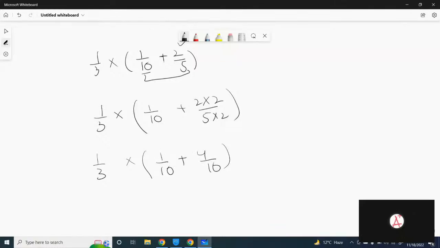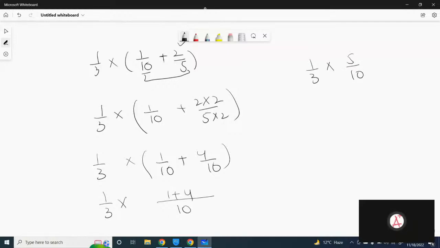Got it? We have already done so many practice questions with adding fractions with unlike denominators. So if you have any problem while adding, just go and revise the lesson on adding fractions. Okay, it would be 1 over 3 times 5 over 10, because 4 plus 1 is 5.